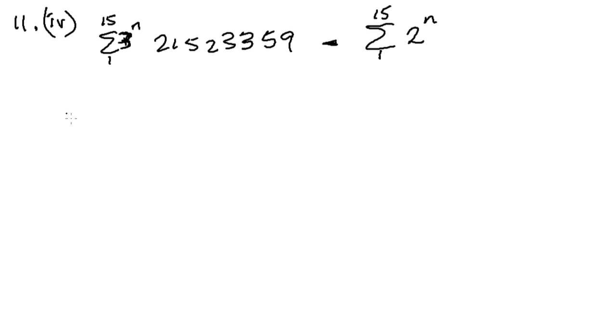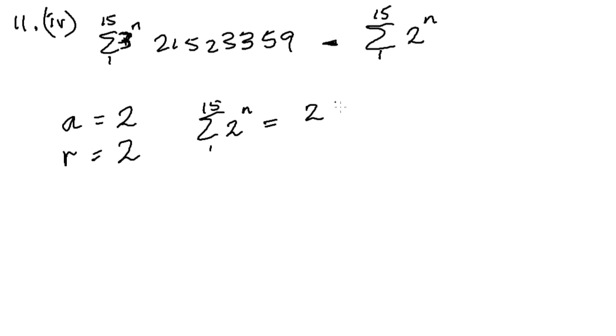So we know that A, once again, is just 2 because it starts off doubling, and R, again geometric, is also 2, and therefore the sum to 15 of 2 to the n is A, which is 2, times 1 minus r, which is 2, to the n, which is 15, divided by 1 minus r, which is 2.